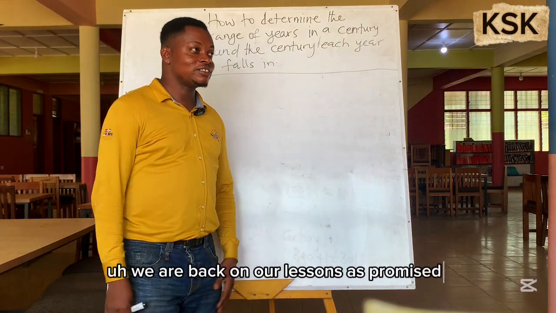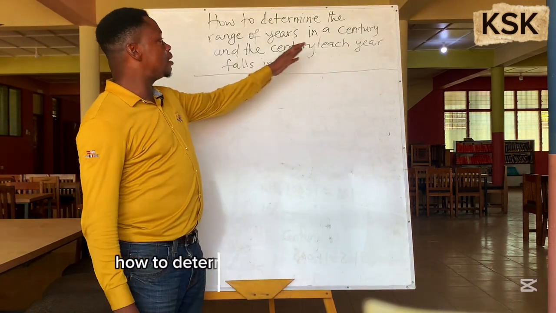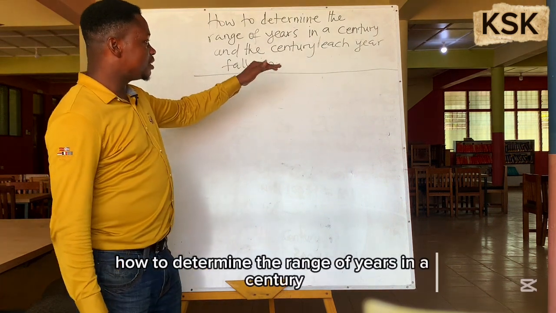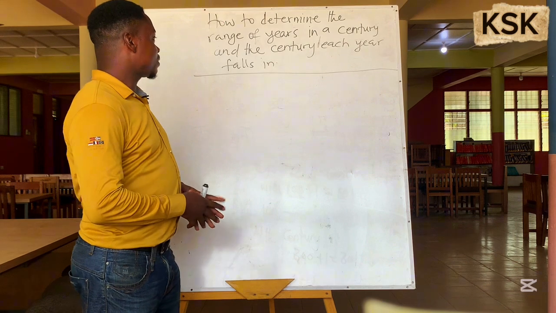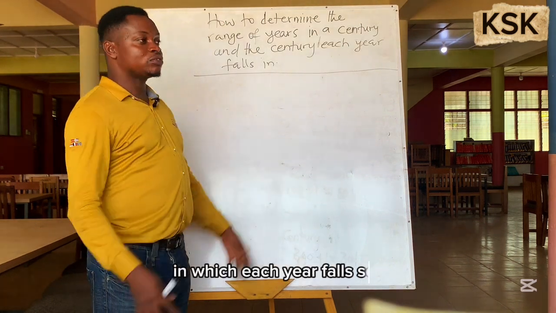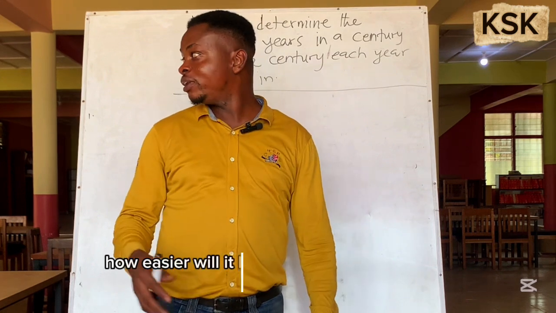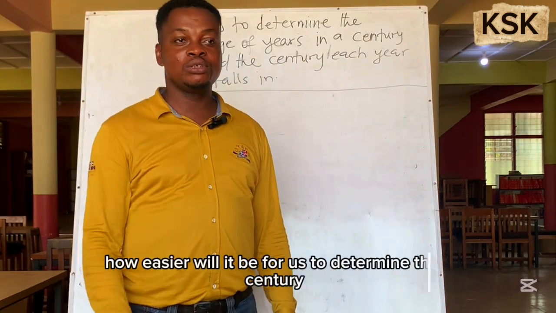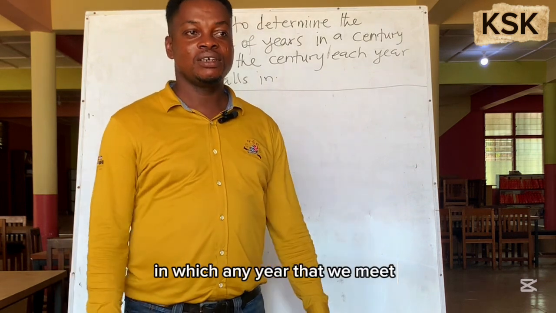As promised, we are going to continue on how to determine the range of years in a century and the century in which each year falls. So, in effect, how easy will it be for us to determine the century in which any year that we meet falls?